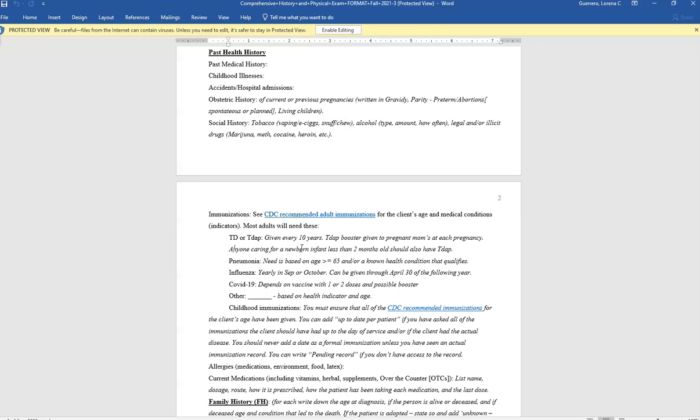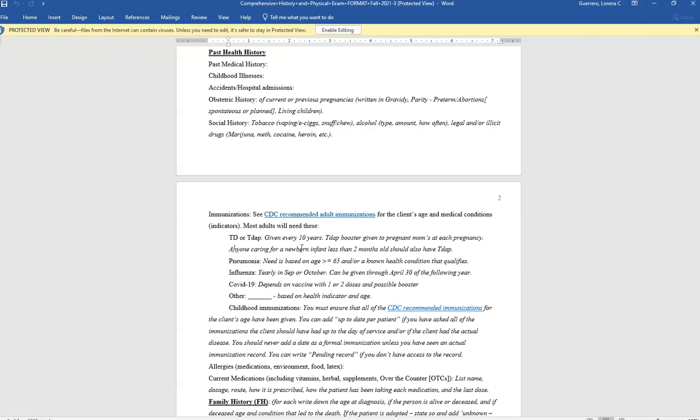Okay. Childhood immunizations, the most important part here, other than to know where to look at the chart. I'm not going to show you how to do that now. You need to know that you could put up to date per patient, okay? But you cannot physically write, like if I were to tell you, oh yeah, I had my Tdap back on August 1st.